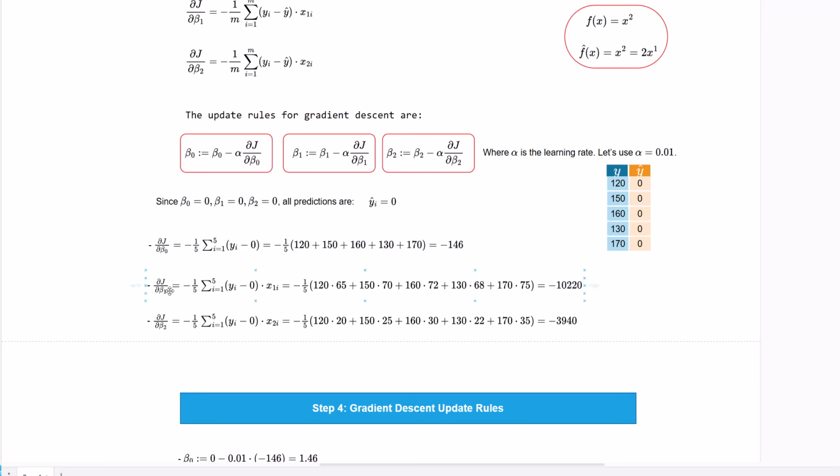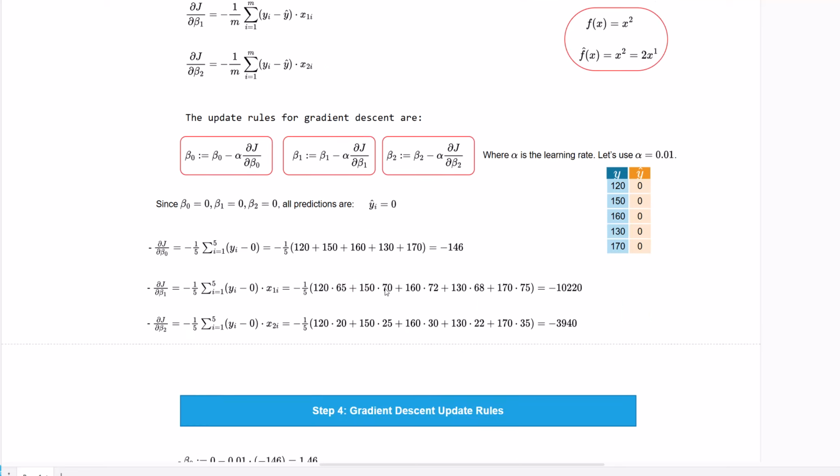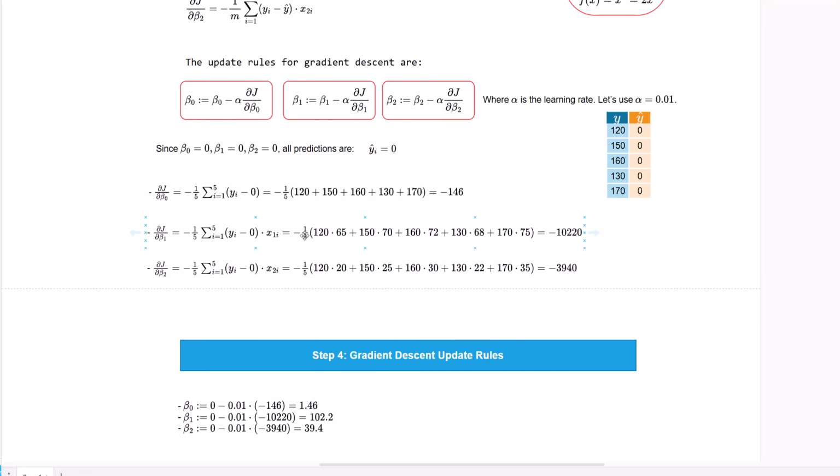And for beta 1, you will do the same. You can see here, y is 120 minus 0 multiplied by x1, which, if you go back, x1 is 65 and x2 is 20. But here we need only x1.